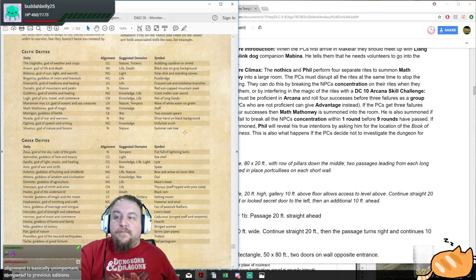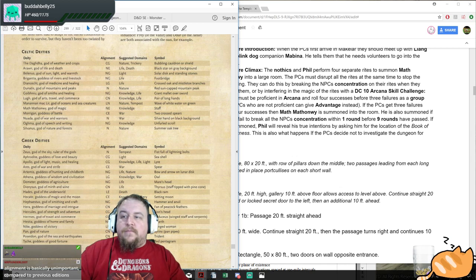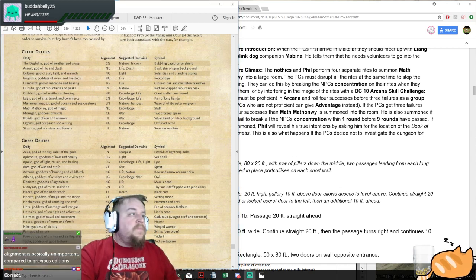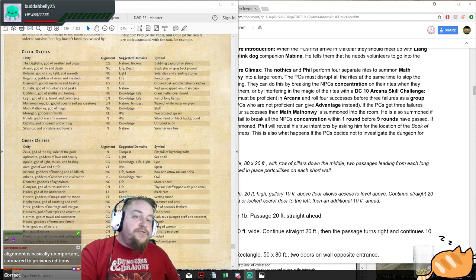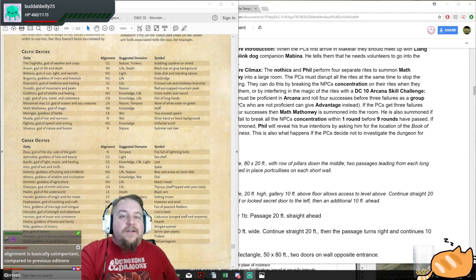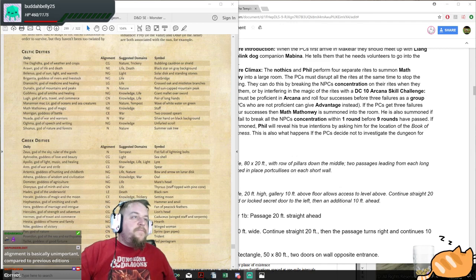Well, especially since he's also the god of all magic, including divine magic, right? So you'd almost just argue he's true neutral. It can go anywhere. Well, in a broader sense, I don't want to define him by a couple letters.